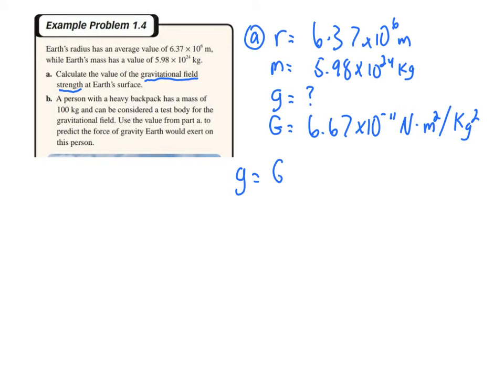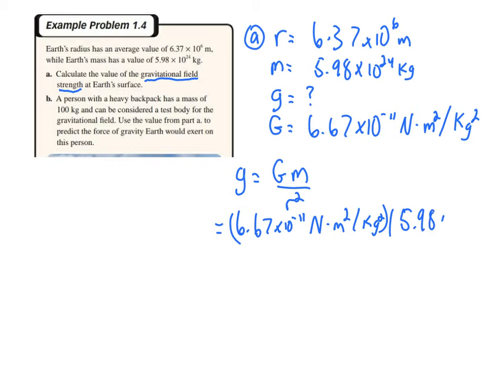We don't have to rearrange this formula or anything for this question. Little g is going to equal big GM over r squared. And so that's going to equal 6.67 times 10 to the negative 11 newton meters squared per kilogram squared. And we're going to be multiplying that by the mass, which is 5.98 times 10 to the 24 kilograms.